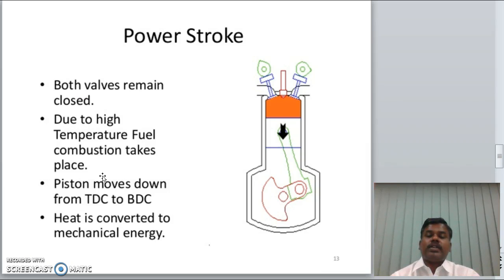The next stroke is an important stroke, which is the power stroke. In the case of a petrol engine, we know that the air fuel mixture is compressed and a spark is produced. But in this case, both the valves are closed. As in the petrol engine, the diesel engine also has two valves, an inlet valve and an exhaust valve.